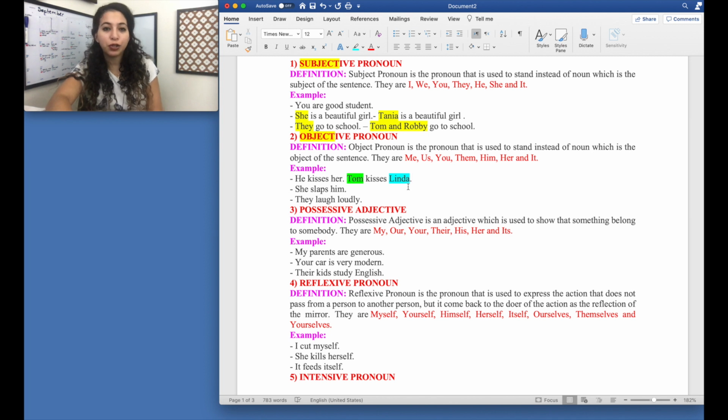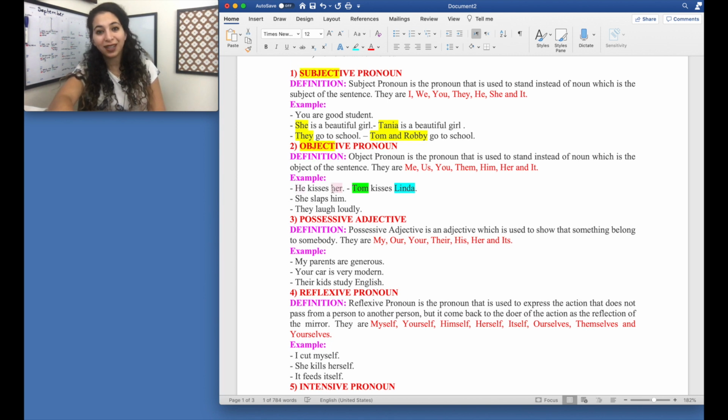And if we were to replace them with pronouns, it would be he, okay? And it would be her, not she, because he is the subject, right? Tom, he, kisses her. Her in this case is the object of the sentence, so that means that we use one of these. And since she's a girl, then we use her. She slaps him.